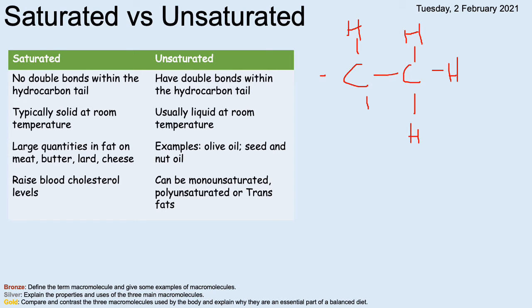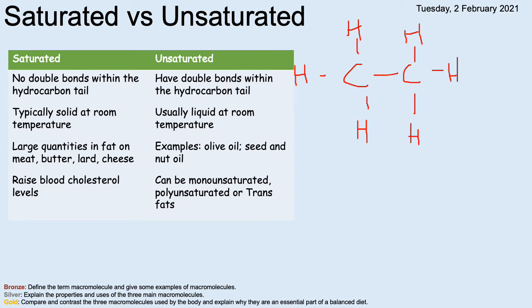So the tail being this middle bit. If it did have a double bond, that would be an unsaturated hydrocarbon. So that is a saturated fat. So it's saturated because there are no double bonds.